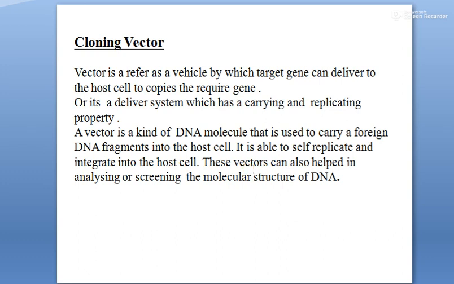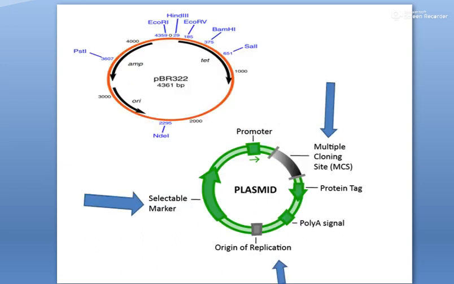Right? Next, what are the features or characteristics a vector should have? The vector should have three main characteristics: MCS, that is multiple cloning sites, SM, that means selectable marker sites or regions, and the origin of replication site, that means the ORI site. The origin of replication site is also called ORI.